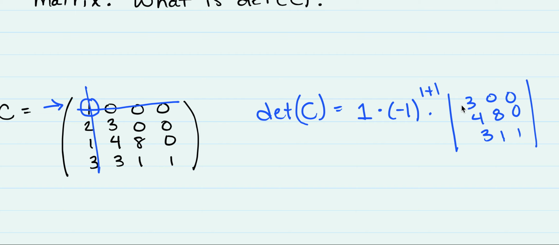Well, if we wanted to take the determinant of this matrix, we would go along this row, and you're going to do the same thing. Notice that because we were on the diagonal, this negative 1 is going to be raised to a positive power, because it's always going to be even. This is the 1,1 entry, so 1 plus 1, so we get 1 times 3, because we cross these out and take the determinant of 8, 0, 1, 1.